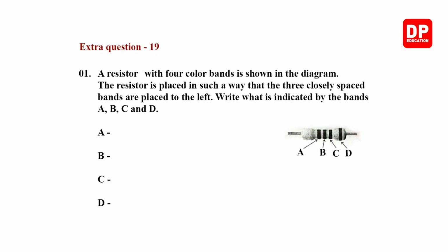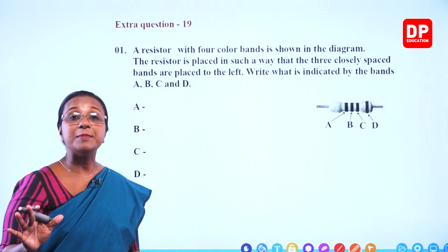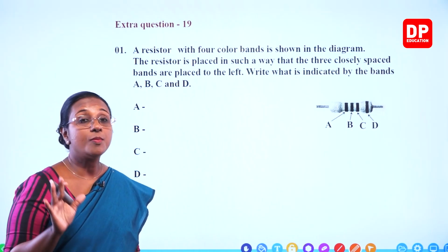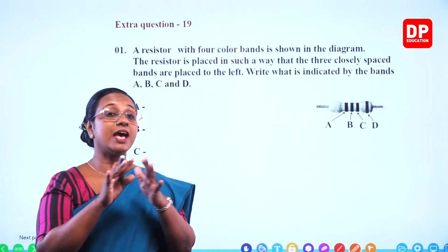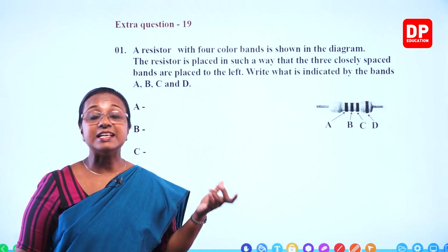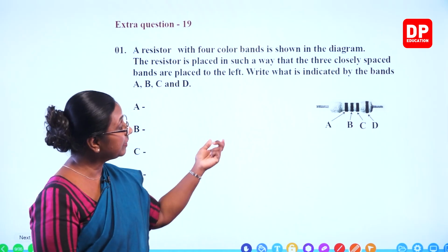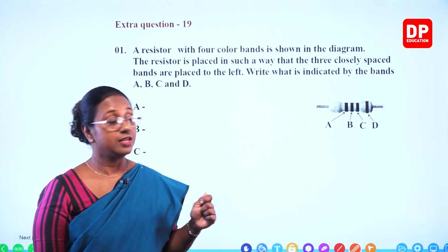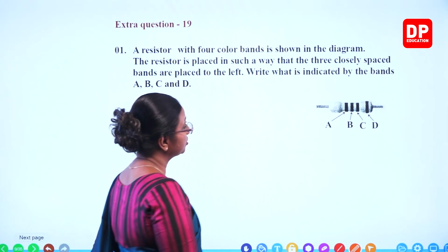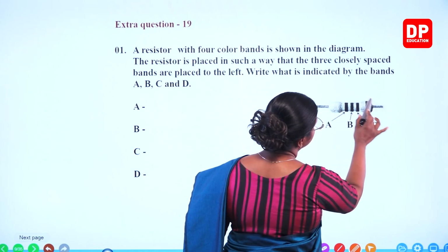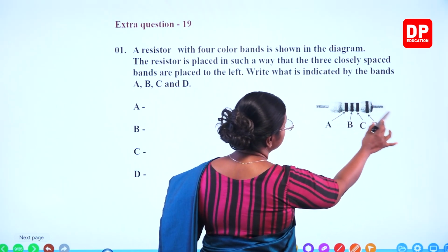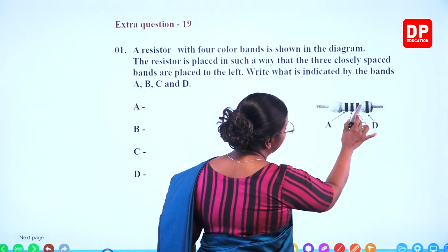Extra question 19. A resistor with 4 color bands is shown in the diagram. You're familiar with that, students. Normally fixed value resistors have 4 color bands, and that is the color code system used to calculate or determine their resistance. Here in the diagram you can see a fixed value resistor with the 2 terminals and the bands.